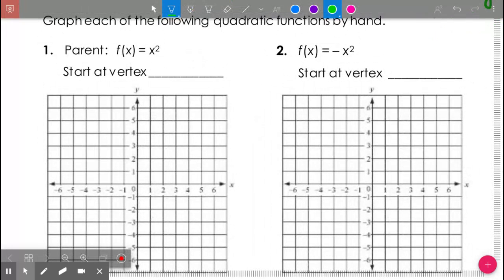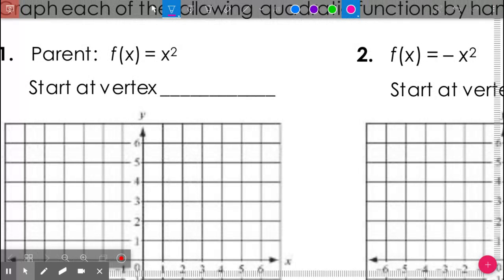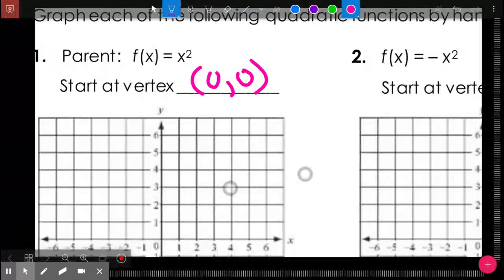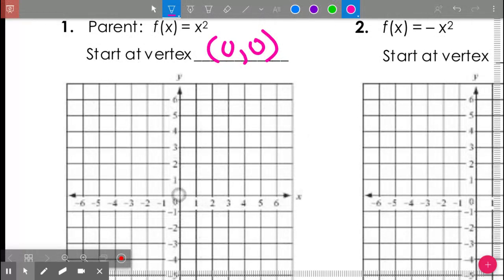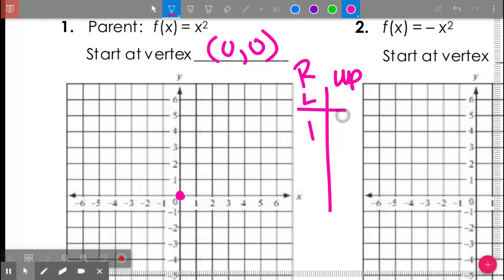So we have our parent again, just for comparing. We start at the vertex for the parent, which is 0, 0. That's right here. And we have, for graphing, our pattern. If we go right or left 1, then we are going to go up 1.